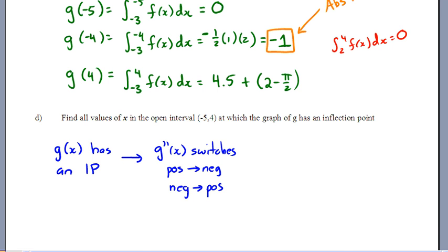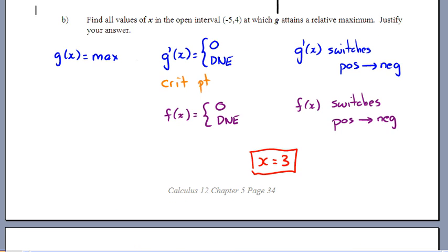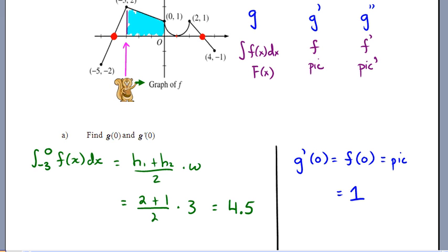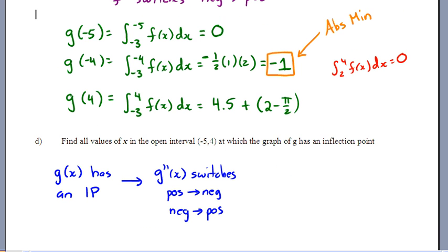Okay, well, going back to my legend, what's g double prime? Oh, there it is, upper right. G double prime is just f prime. It's just the slope of the picture. Okay, so we're looking for a moment when the slope of the picture is going to make a change. So that would be f prime.